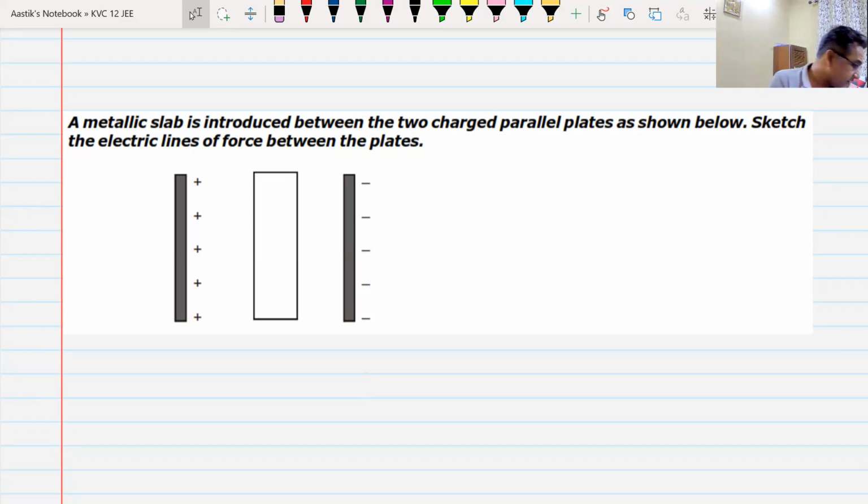Sketch the lines of force between the plates. They'll give you 3 or 4 different options, and then they will ask you which is the correct one.